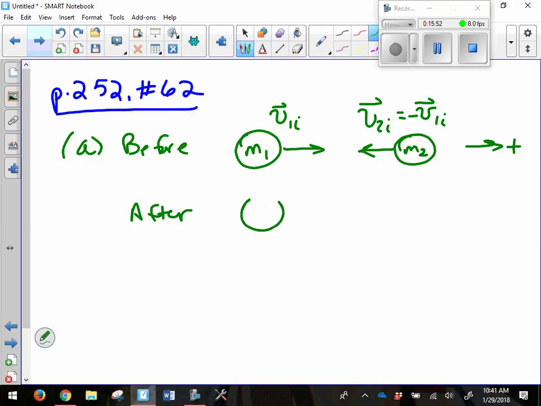Okay. So my M1 is going to be at rest. And I'm going to assume that my M2 has to be moving then. What would have to be true if M2 was not moving?